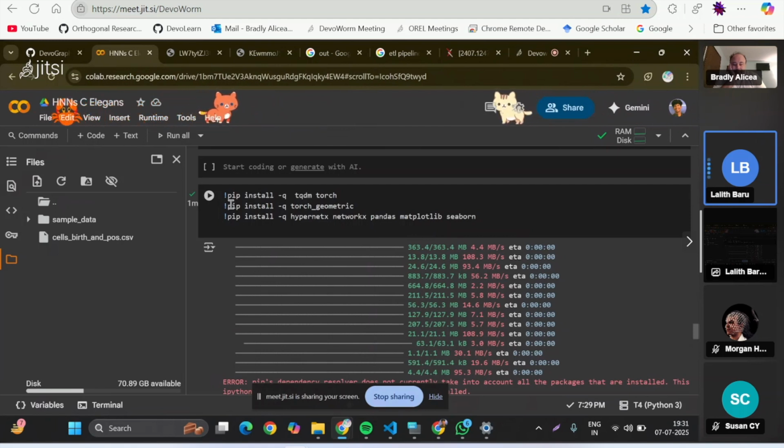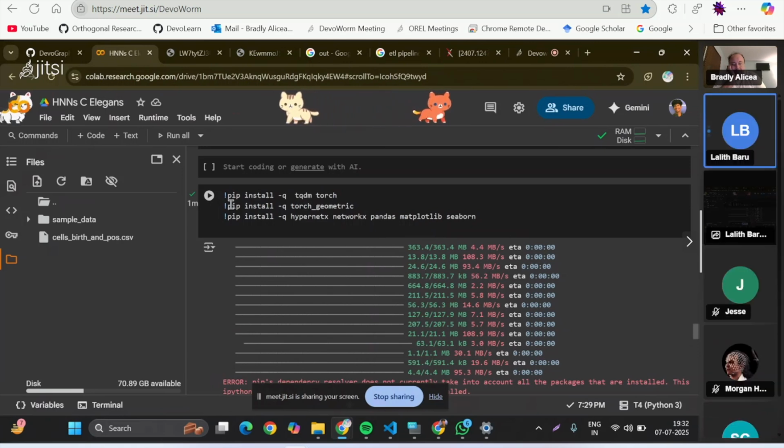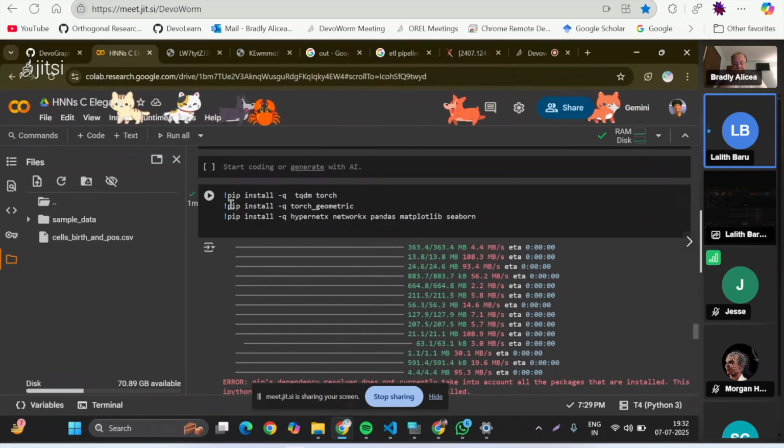From the beginning, what I have done is, initially I started off with understanding the data set, where we have the XYZ coordinates of the C. elegans at each time point during embryogenesis, and also the lineage information, how it's evolving over a period of time.